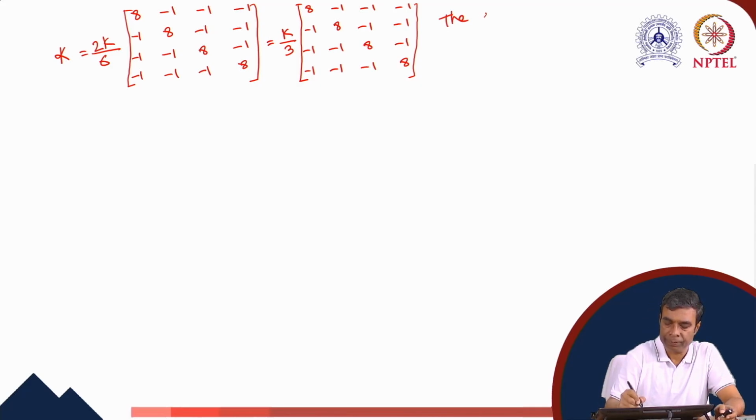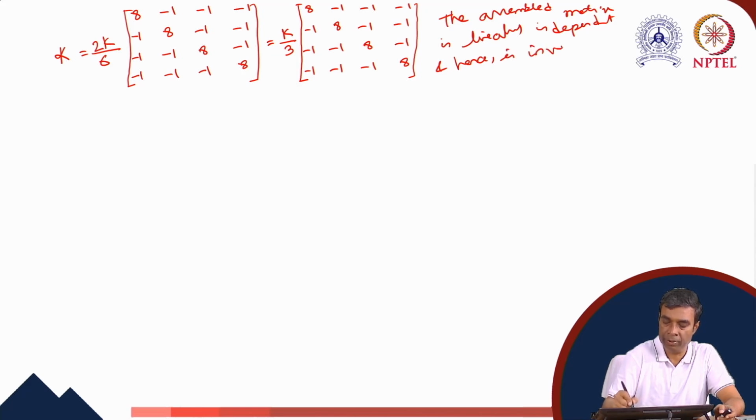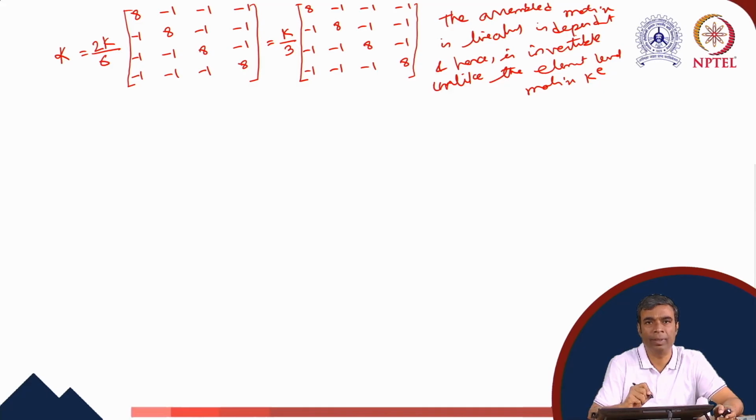So the assembled matrix is linearly independent and hence invertible, unlike the element level matrix Ke. So we have constructed the assembled matrix equation. Then we have this assembled matrix as a banded matrix.